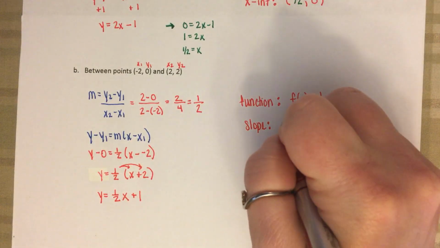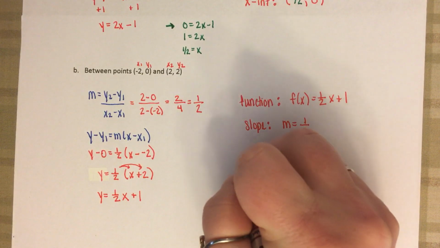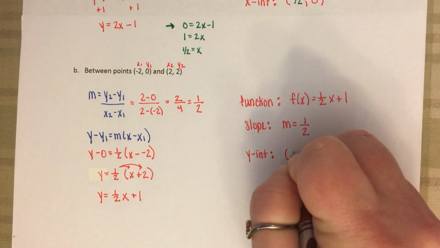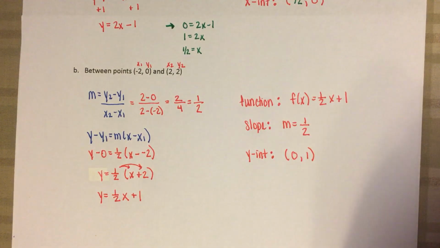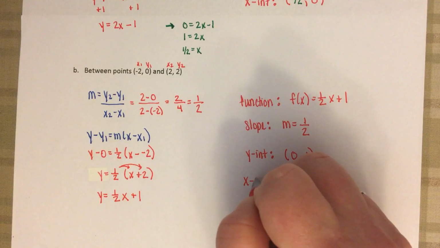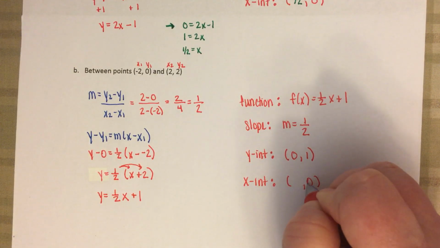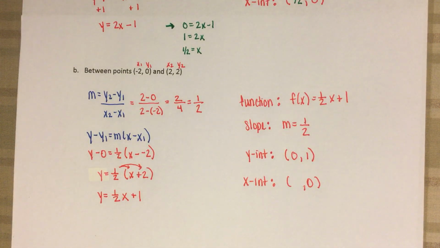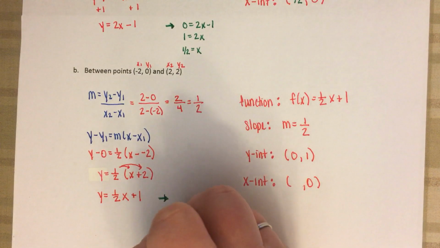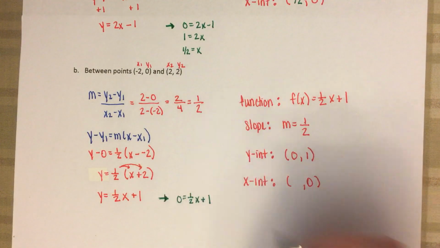Our slope, our m value, is that 1/2. Our y-intercept is 0, comma, positive 1. Again, it's the other number that's by itself in our equation. For the x-intercept, remember we're going to let y be 0. So we're going to go over here to find our x-intercept. 0 equals 1/2 x plus 1.